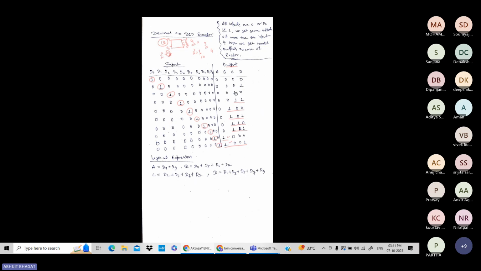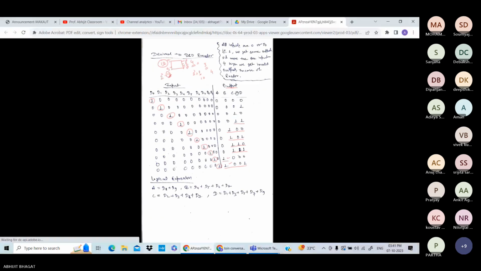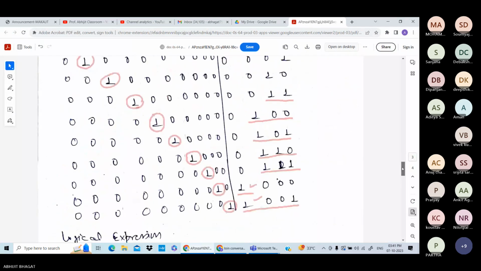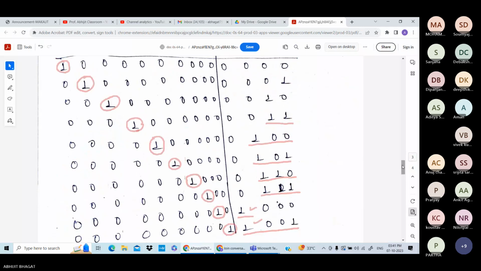For C, 1 at this position means D2. Your C is 1 at this position, this position, this position, and this position.